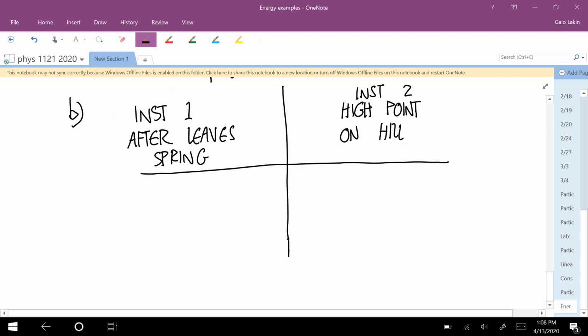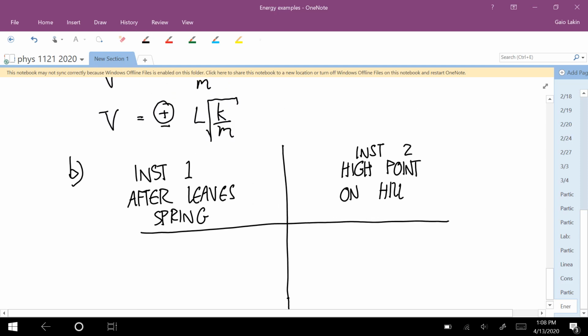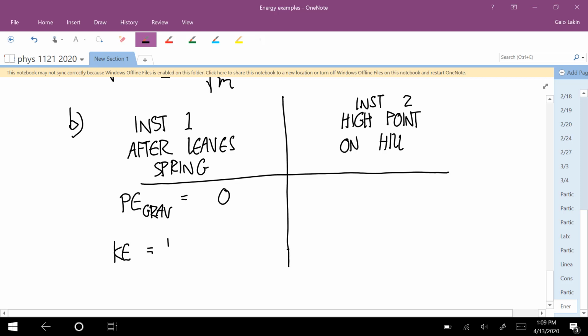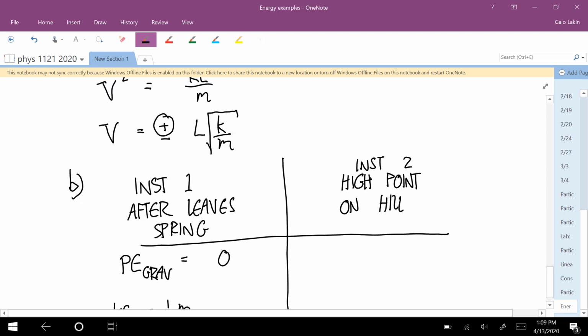So after the object has left the spring, we have to deal with the gravitational potential energy. The spring potential energy we don't, because it's not in contact anymore. The height is 0, so this is 0. The kinetic energy is 1/2 times the mass times the speed squared. So we have 1/2 times the mass times this expression for v squared.